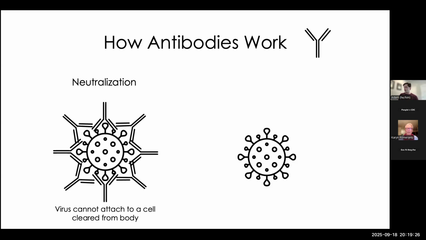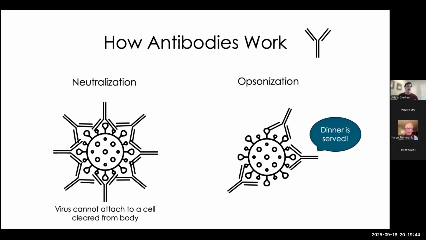The other way that antibodies work is through a process called opsonization, which in a very simplified way is you get maybe a few antibodies covering the virus, and then these antibodies are signaling to other cells in your immune system to come eat it. So they're like, hey, dinner is served. We got a nice meal for you. Why don't you come on in, eat this virus, and that will destroy it. And that's happening by other immune cells, a variety of them.